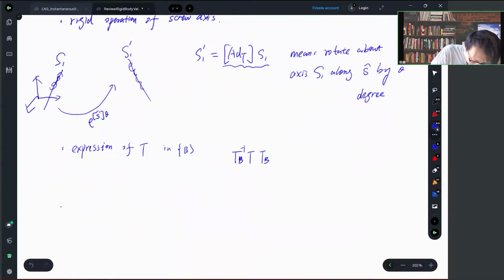Maybe I can add today's results: moving frames, velocity of moving frames.